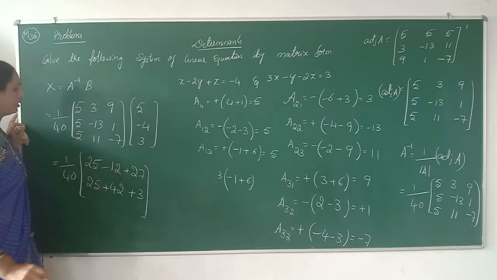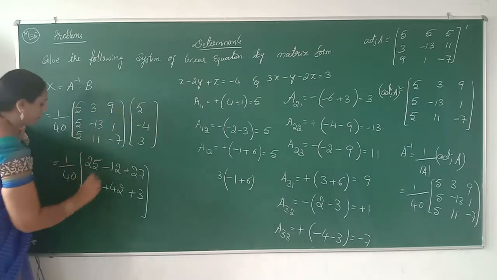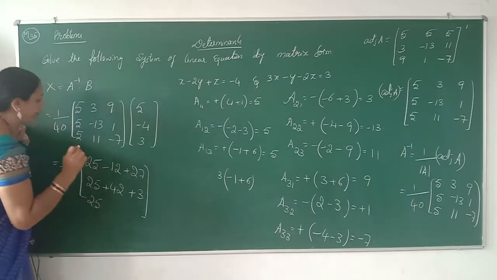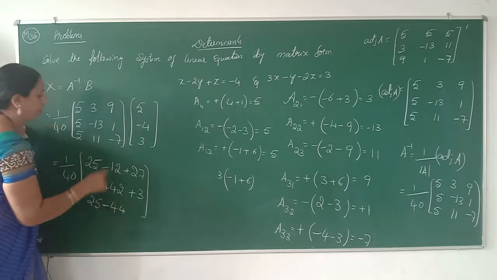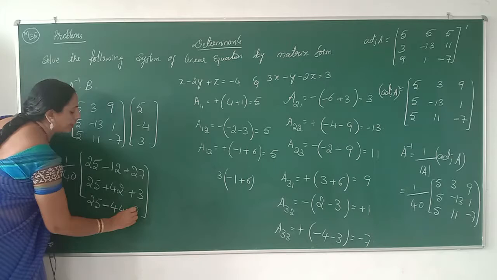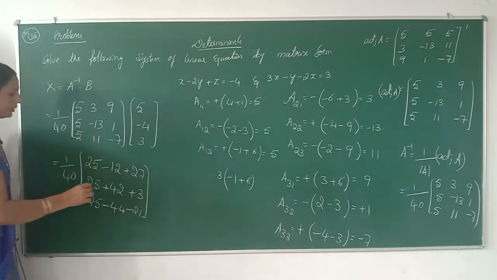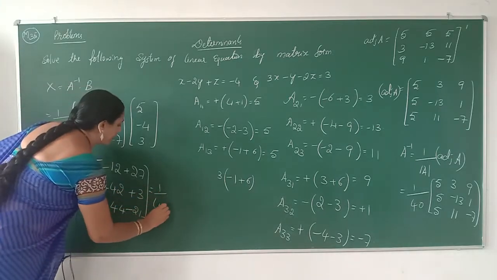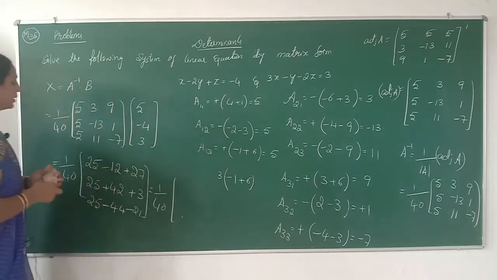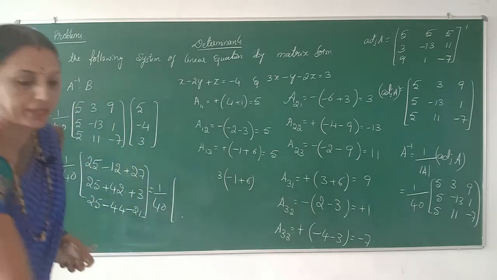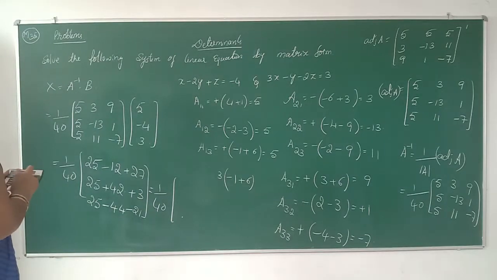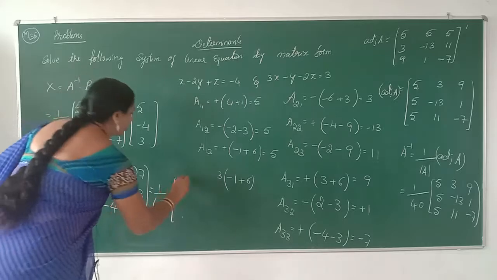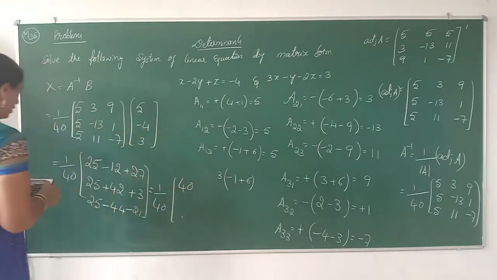Then again third row, first column: 5 into 5 is 25, 11 into minus 4 is minus 44, minus 7 into 3 is 21. That is 1 divided by 40 of 25 minus 12 plus 27 equal to 40.